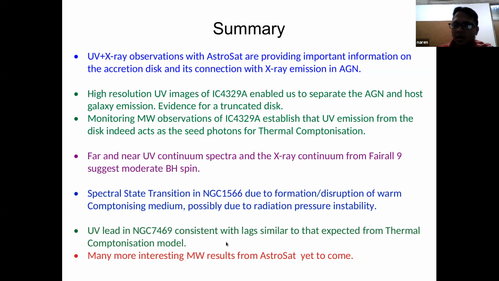Anyway, I will go ahead. So modeling this lag, one has to take into account the size of the corona also, right? So that is a significant uncertainty, right? Yes, this is a very good point. So far, people have assumed lamppost geometry, where the corona is assumed to be more like a point-like object. I see.